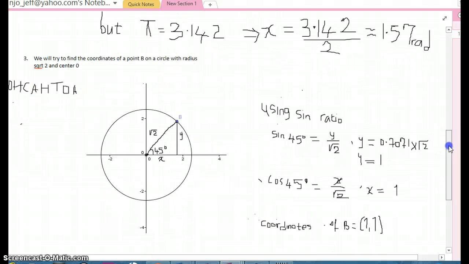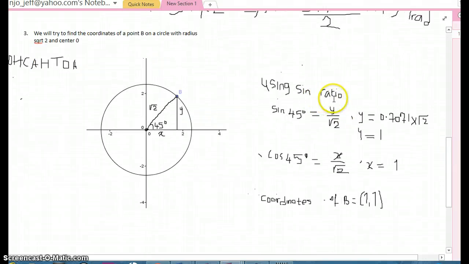If we use the sine ratio, we know SOHCAHTOA, which is something we can easily use to remember the trigonometric ratios. The SO is sine, opposite over hypotenuse.